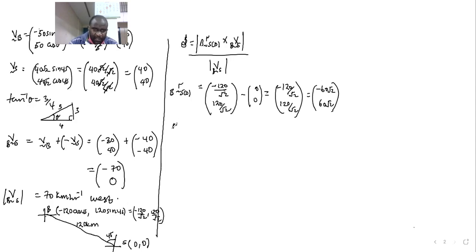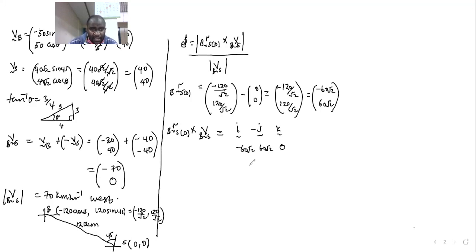Now, the cross of the relative position with the relative velocity will be got from the determinant of a 3 by 3 matrix of i, j and k. Then you have negative 60 root 2, 60 root 2, 0, because we don't have the k direction.